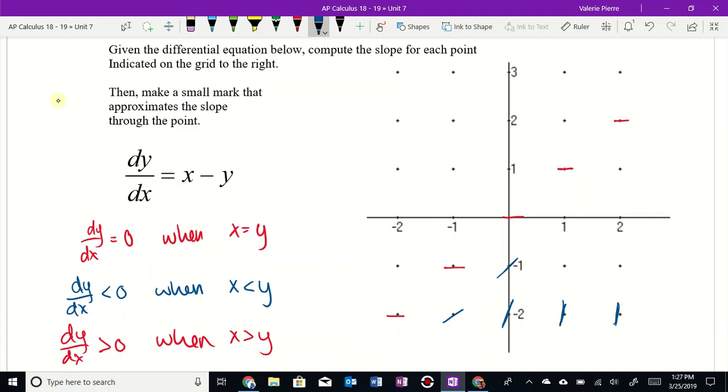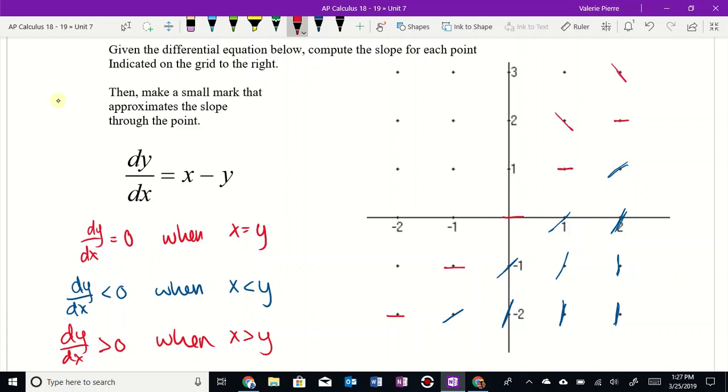And that's going to be the case for every line that's drawn. And then over here at the top, when x is less than y, these are all going to be negative slopes.